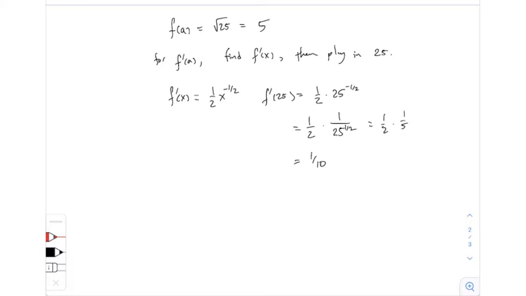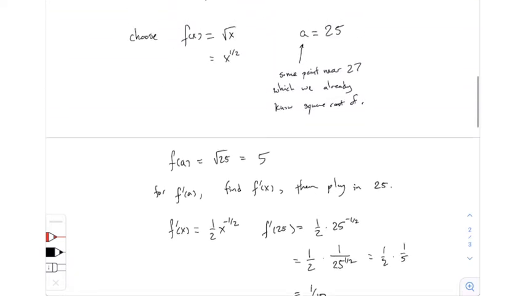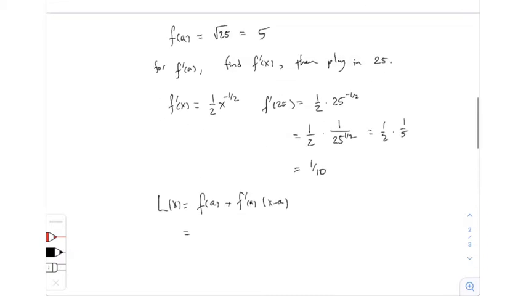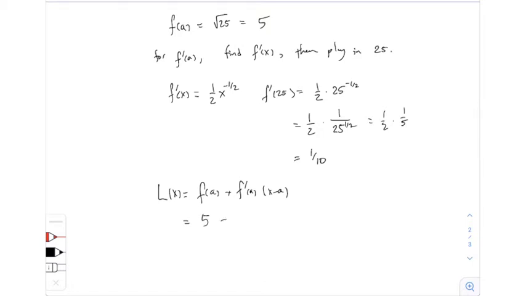All right, now we're going to just plug everything in. So the formula has disappeared already. I'll write it again. F of A plus F prime of A times X minus A, right? This F of A, we said up top, is 5. 5 plus F prime of A, I just said, is 1/10, times X minus A. X is X. A is 25, right?